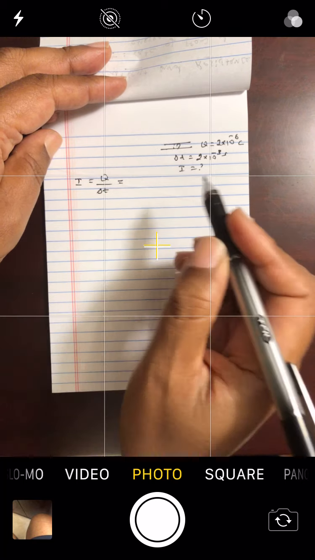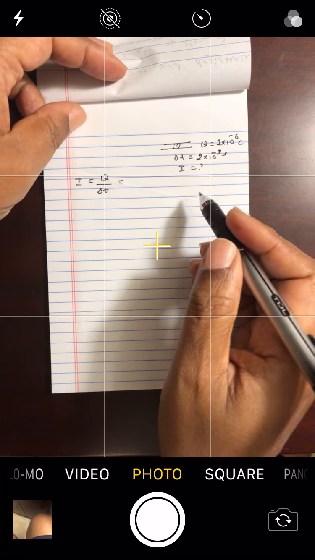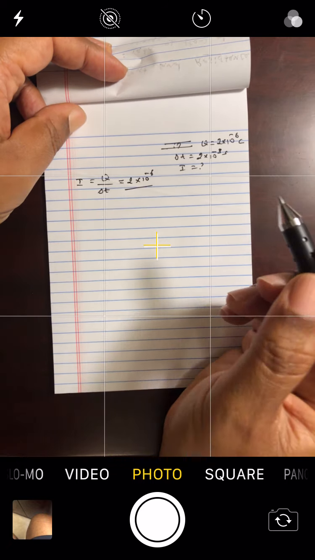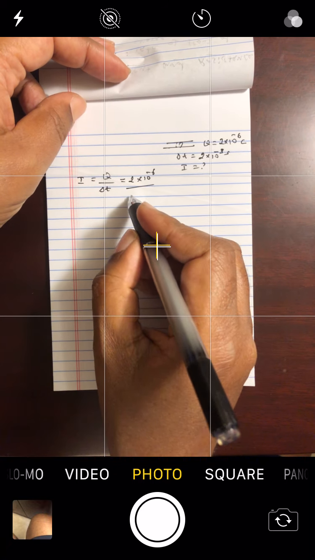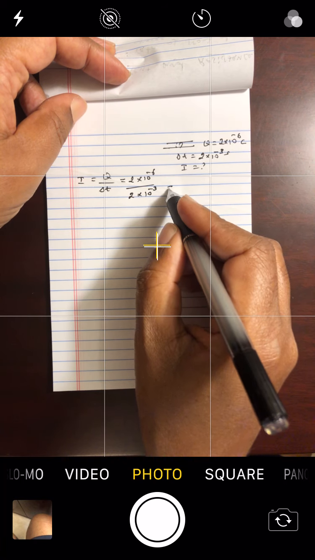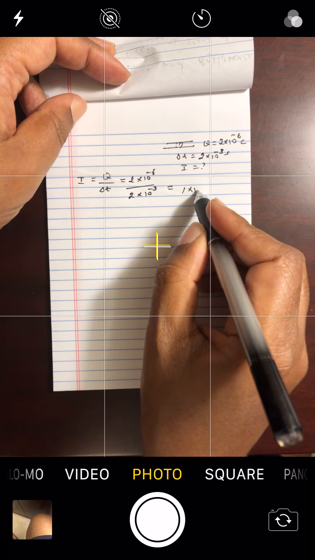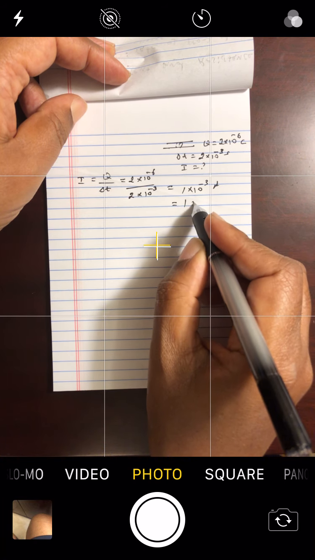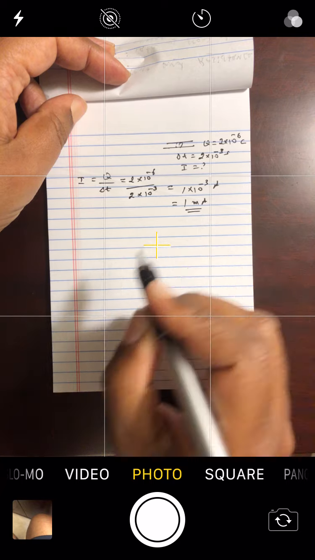So the charge crossing the cross section is 2 times 10 to the power of negative 6, and the time taken is 2 times 10 to the power of negative 3, and this gives us 1 times 10 to the power of negative 3 amps, which is 1 milliamp.